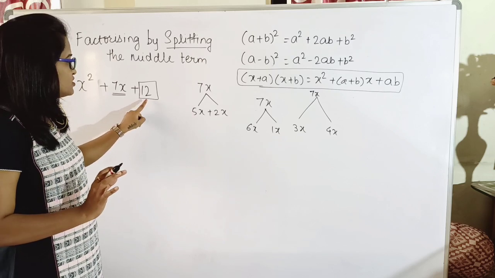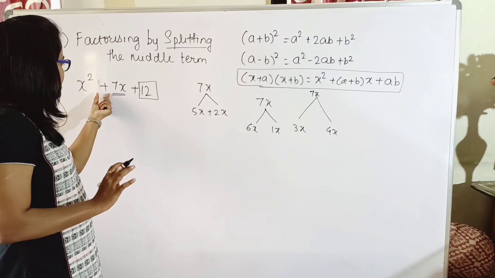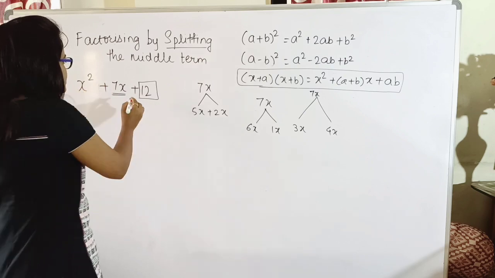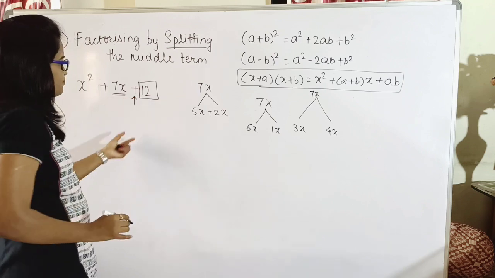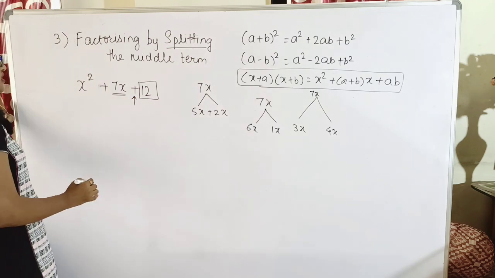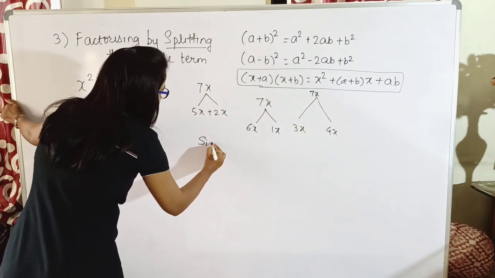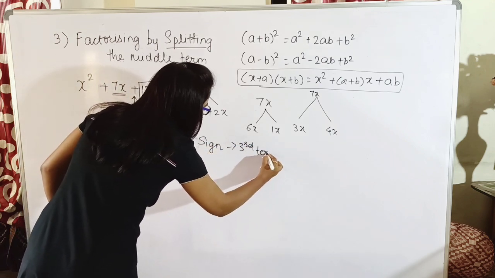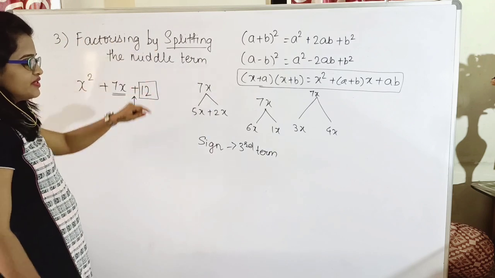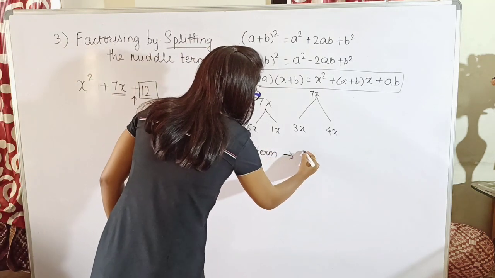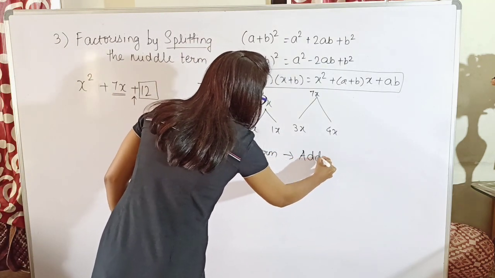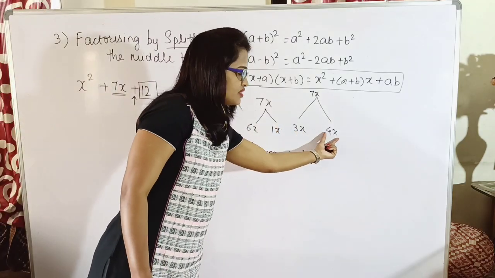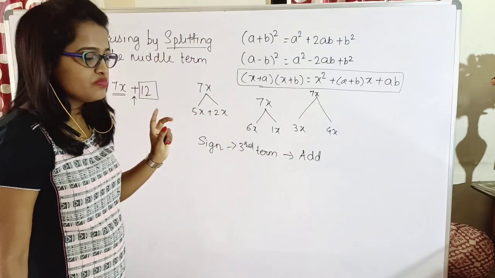Now since here the sign of the third term is plus, the sign of the third term in case of splitting the middle term tells you whether you have to add the two numbers, or whether you have to subtract the two numbers.